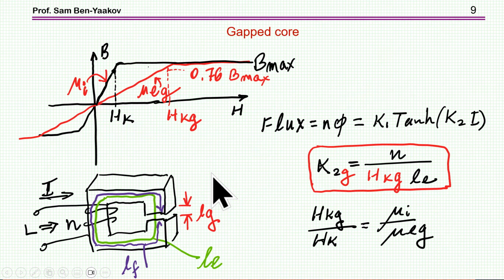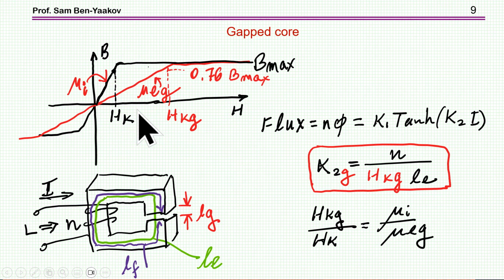Now, what about the case we have a gap? If we have a gap, the BH curve is really modified, and now the slope here is the equivalent permeability rather than the initial permeability of the ferrite. Bmax is the same.